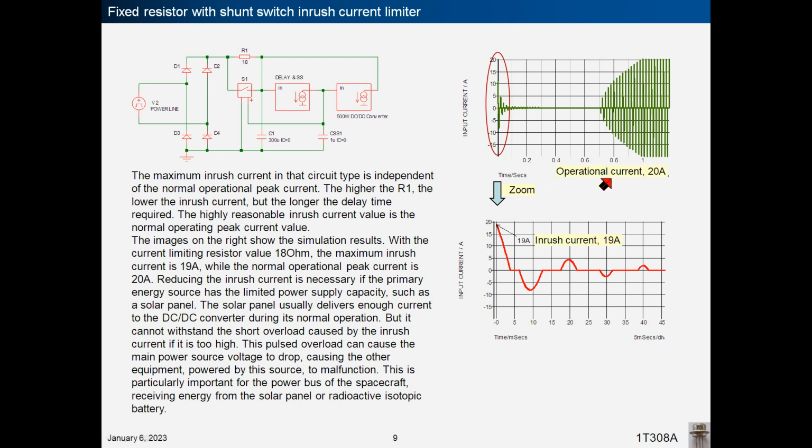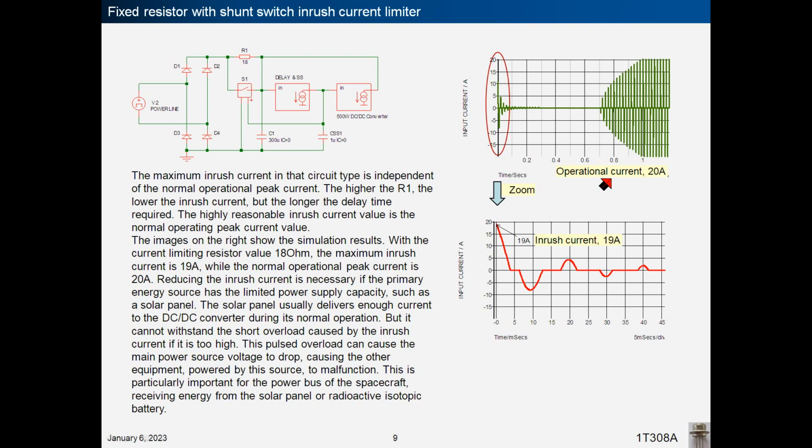Reducing the inrush current is necessary if the primary energy source has limited power supply capacity, such as a solar panel. The solar panel usually delivers enough current to the DC-DC converter during its normal operation, but it cannot withstand the short overload caused by the inrush current if it is too high.